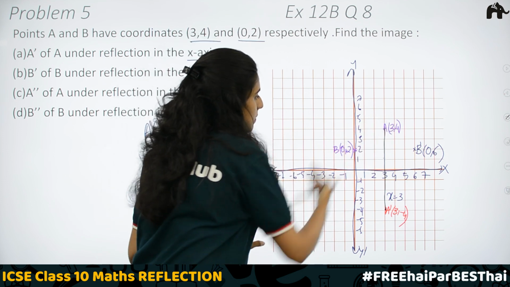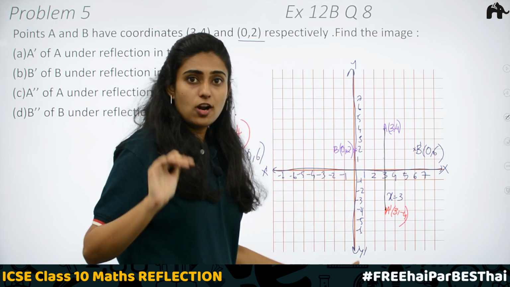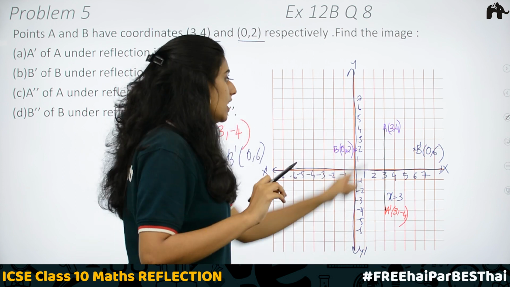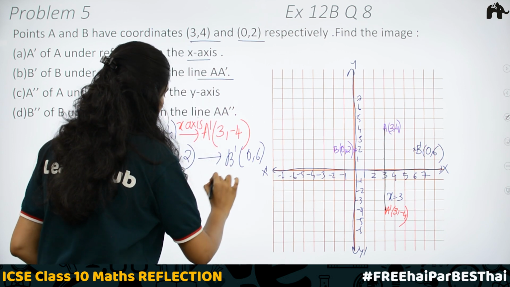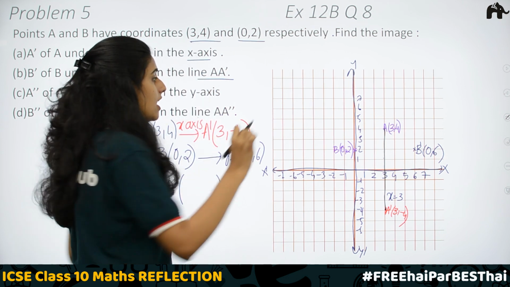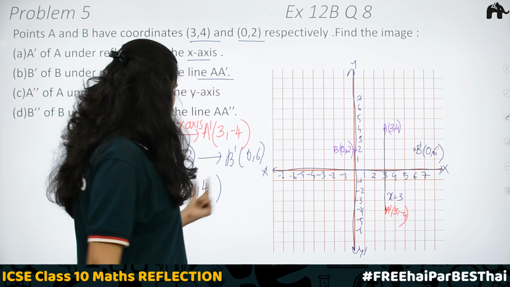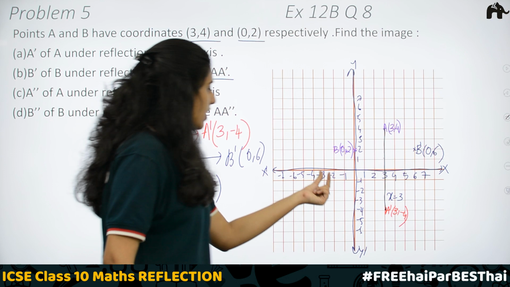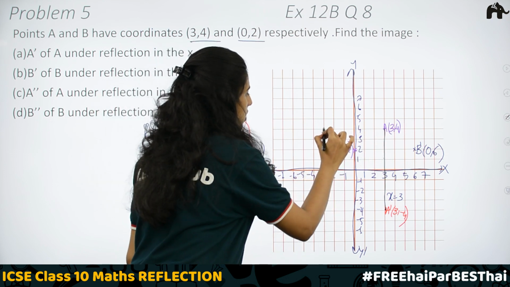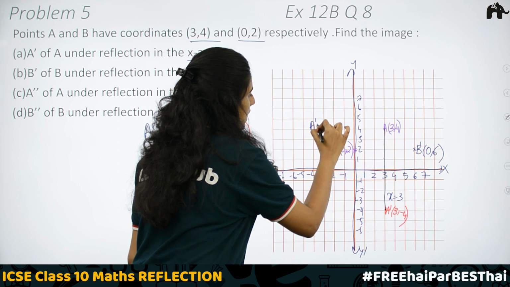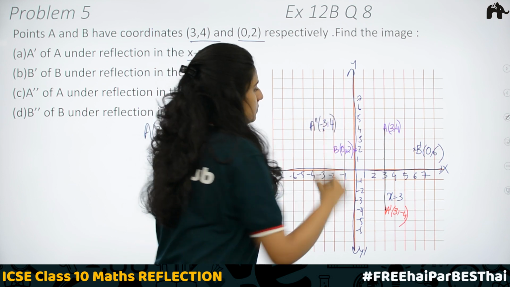When the reflection is in the y-axis, y-coordinate remains the same and the x-coordinate sign changes. Therefore, what will be the coordinates of A double dash? Y-coordinate should remain same, x-coordinate sign should change. That is minus 3, 4. Here we have minus 3. Here we have 4. Therefore, this is point A double dash, minus 3, 4.